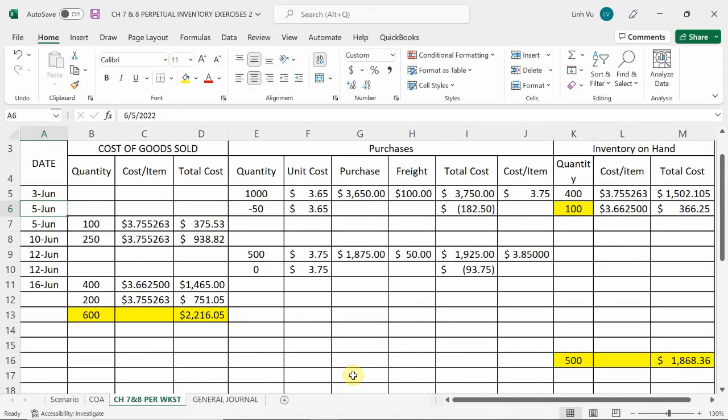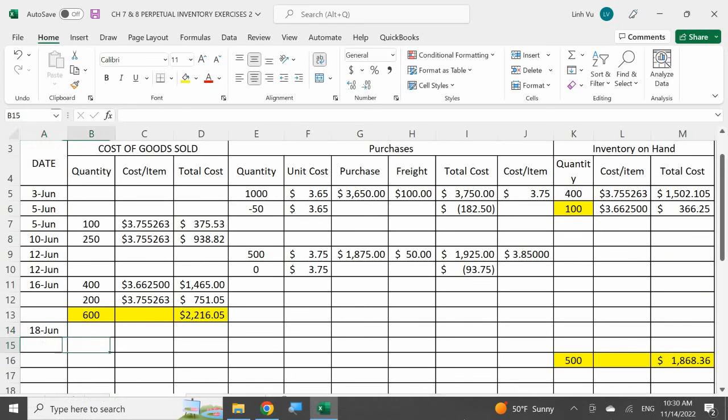I had to remove 100 of those mugs because they were a different size. I can't sell those unless I sold them specifically. Now in this case, that means I got rid of my second box. So which one is going to be left over remaining? We should have our first batch remaining. So that's exactly how you're going to calculate this as well, is that you're going to reverse the last thing that you have in your inventory, which in this case is going to be your first batch of inventory.